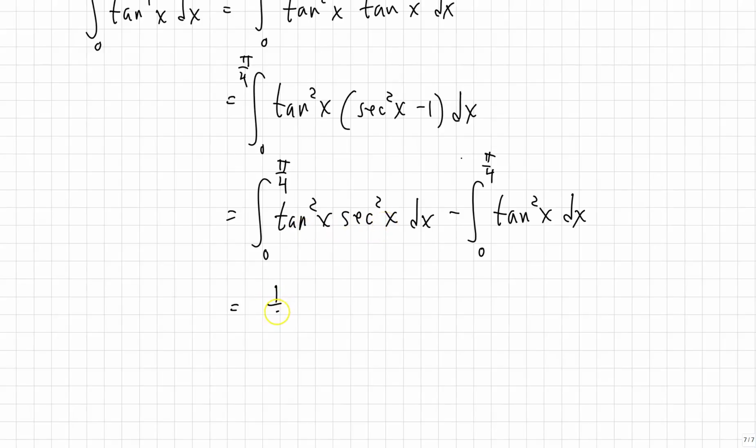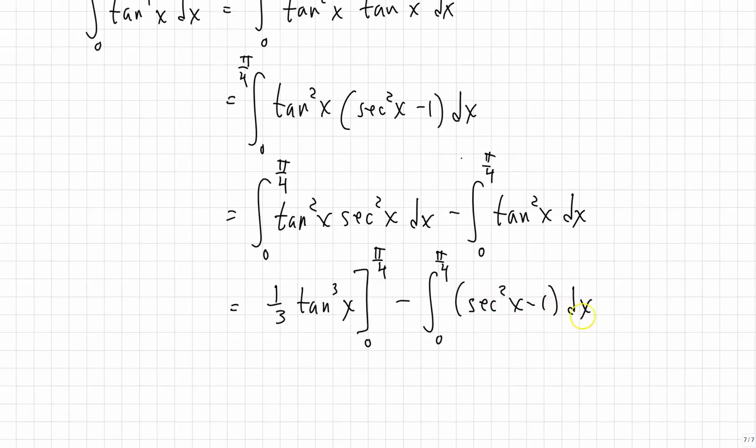So we'll have 1/3 tangent cubed from 0 to pi over 4. But then we still have this other definite integral to work with. So we're going to swap tangent squared out again for secant squared minus 1.